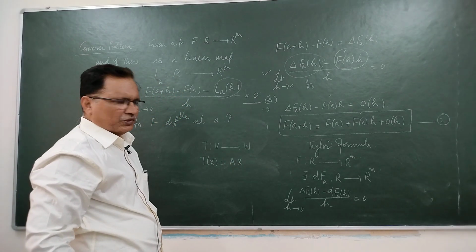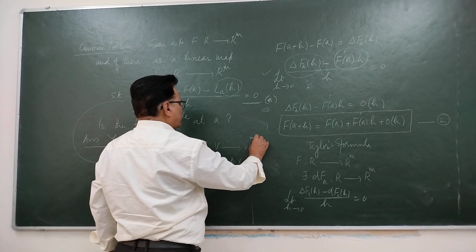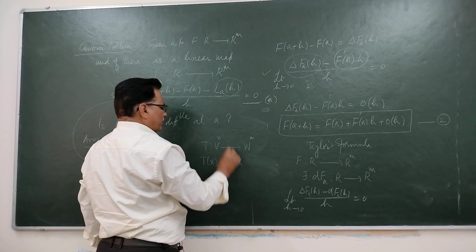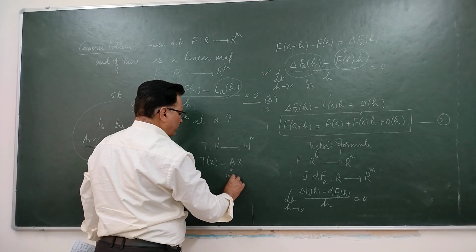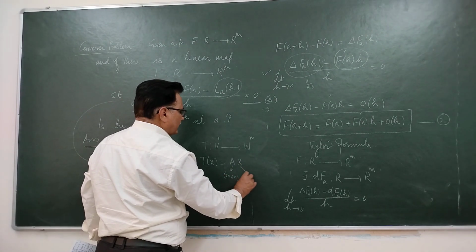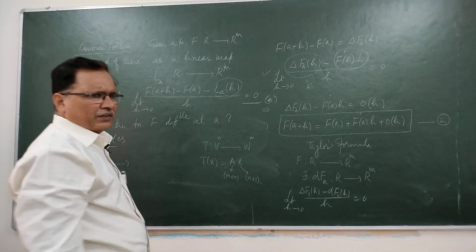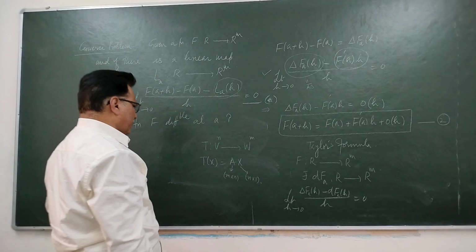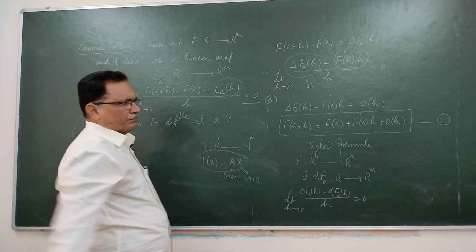Every linear map looks like this, and this is a matrix. Suppose this is an m-dimensional vector space, this is an n-dimensional vector space, then A is always an m by n matrix, where x is an n by 1 matrix. You can call it a column vector or an n by 1 matrix, it's the same. So all linear maps are defined in this manner.